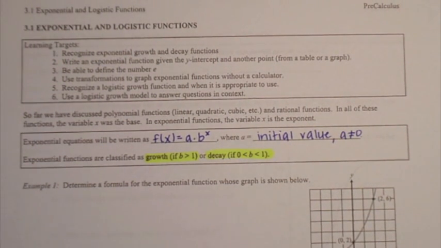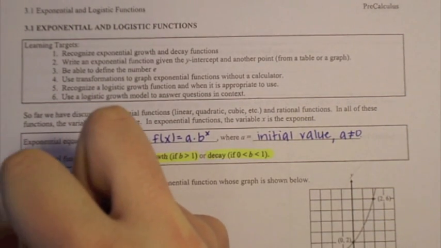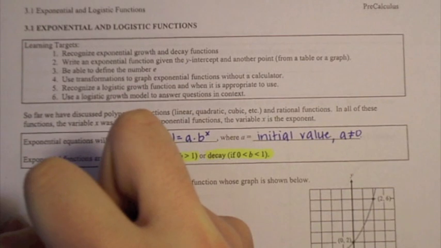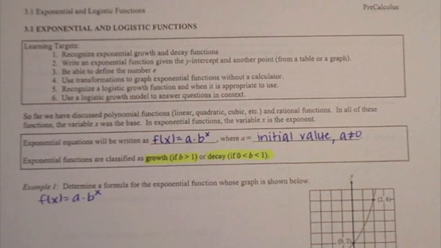Let's try the first example. Determine a formula for the exponential function whose graph is below. Notice the function is getting larger as x gets larger. This is exponential growth, so we know our b value must be greater than 1. Let's start with our function, f of x equals a times b to the x in its general form. We know our y-intercept is 2, shown in the graph.